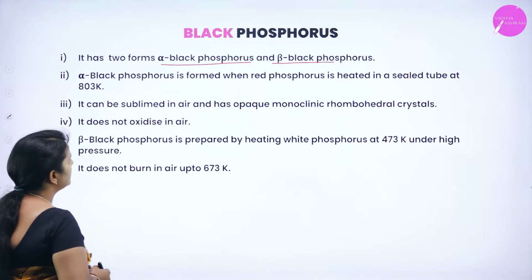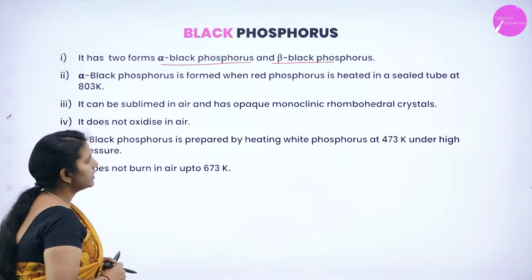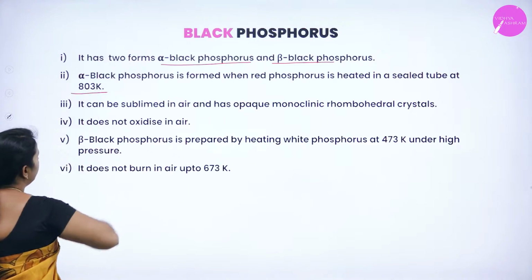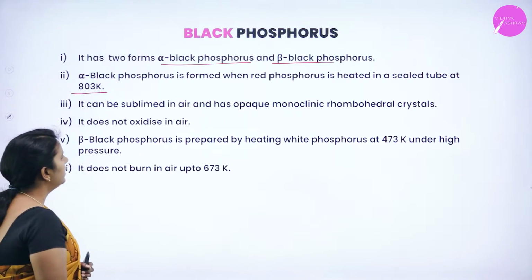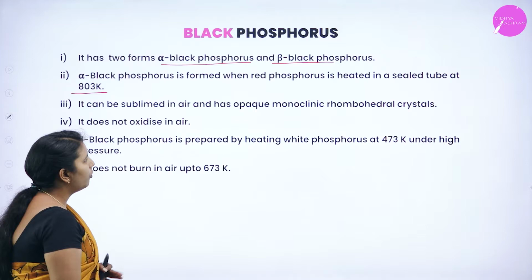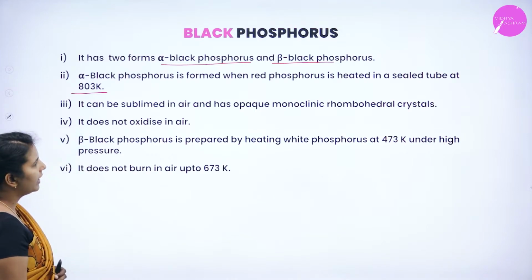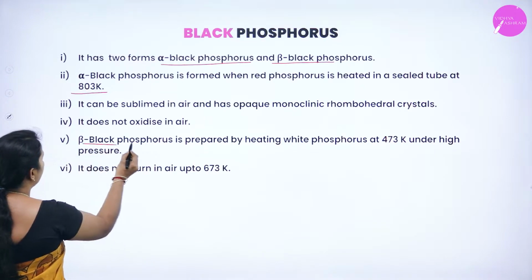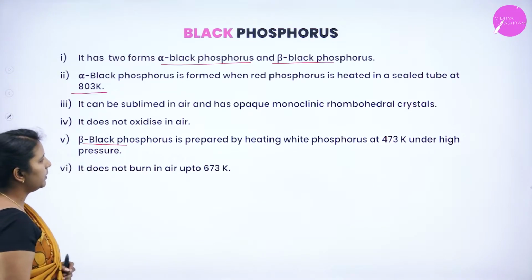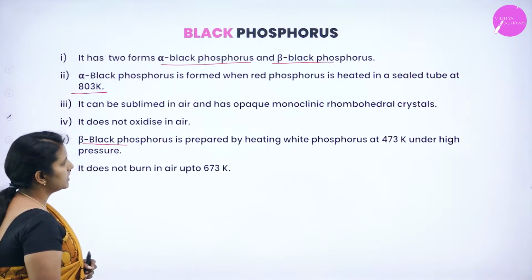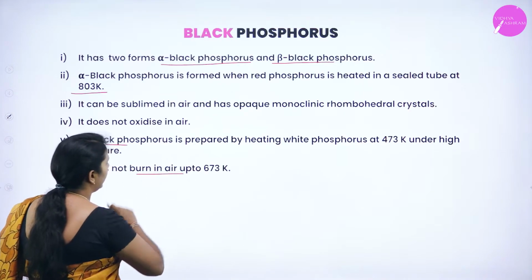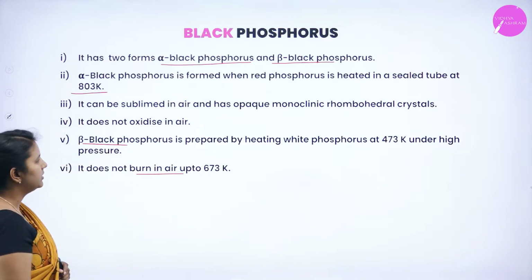Alpha black phosphorus is formed when red phosphorus is heated in a sealed tube at 803 Kelvin, and it can be sublimated in air, and it has opaque monoclinic rhombohedral crystals and does not oxidize in air, whereas beta black phosphorus is prepared by heating white phosphorus at 473 Kelvin under high pressure, and it does not burn in air up to 673 Kelvin.